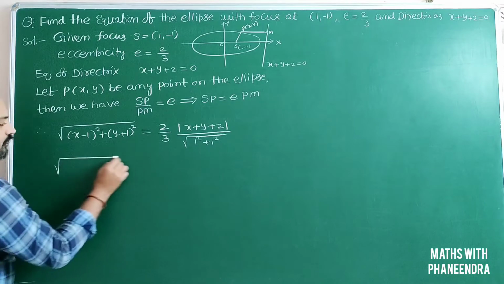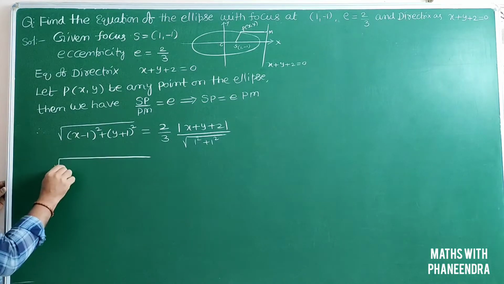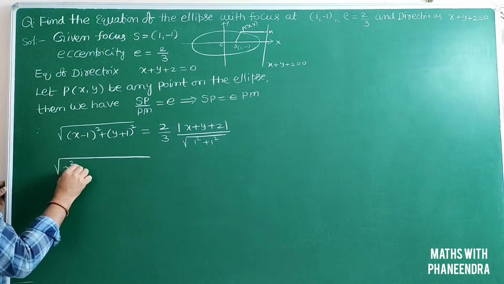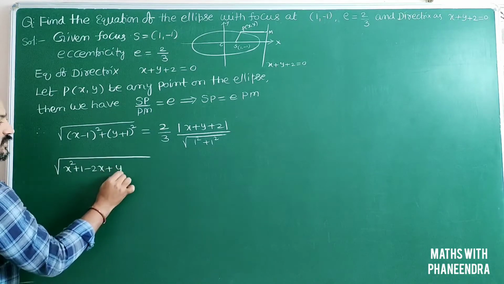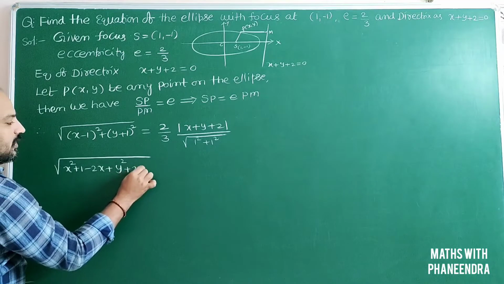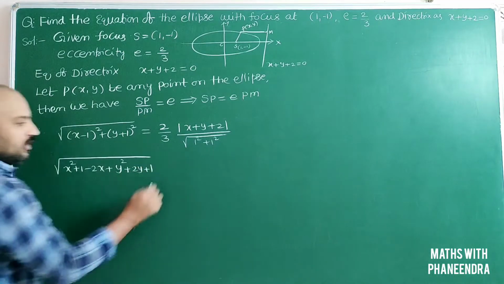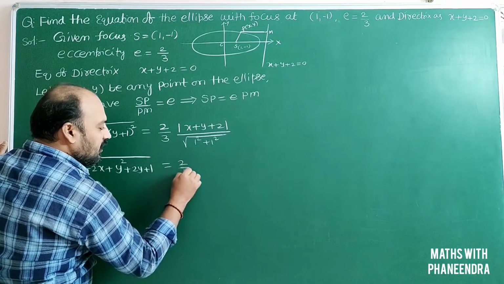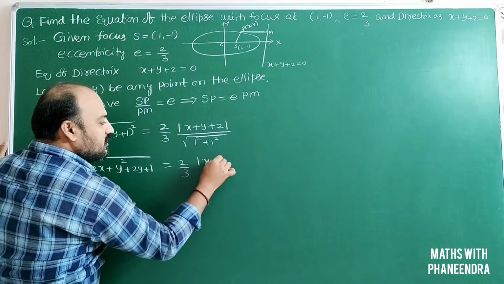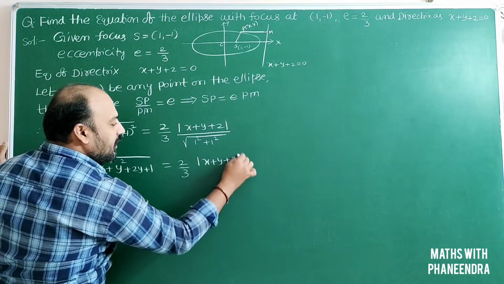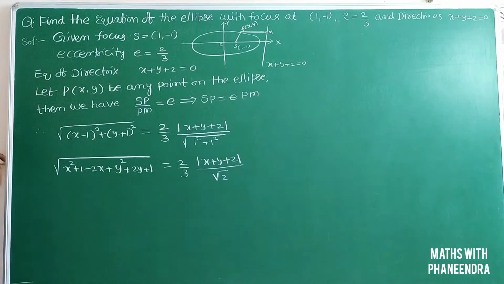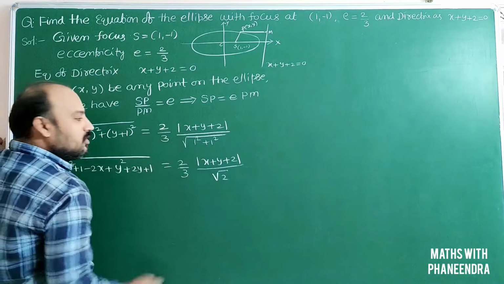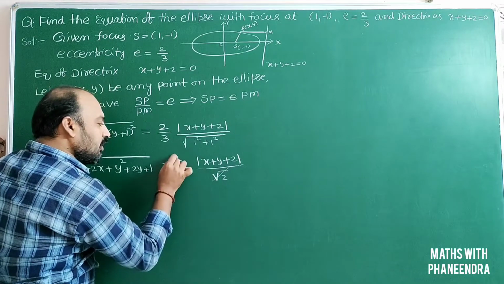Square root of (x minus 1) whole square plus (y plus 1) whole square, expansion you have to do: x square plus 1 minus 2x, plus y square plus 2y plus 1, is equal to 2 by 3 mod x plus y plus 2 divided by root 2. 1 square plus 1 square is 1 plus 1, 2. Root 2. So here root 2 is going to get cancelled.